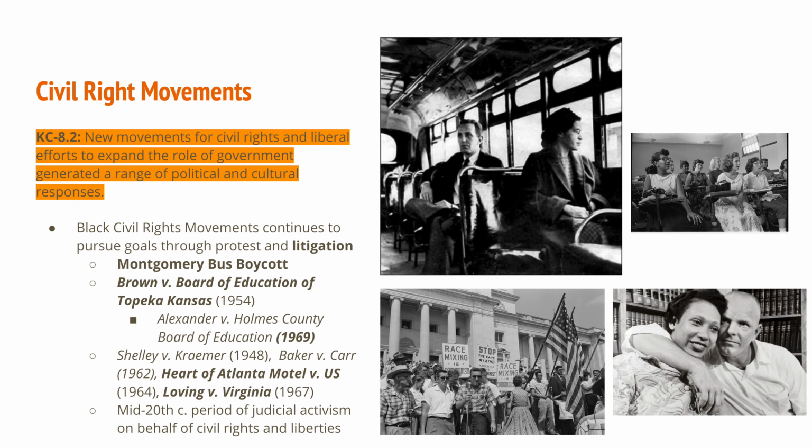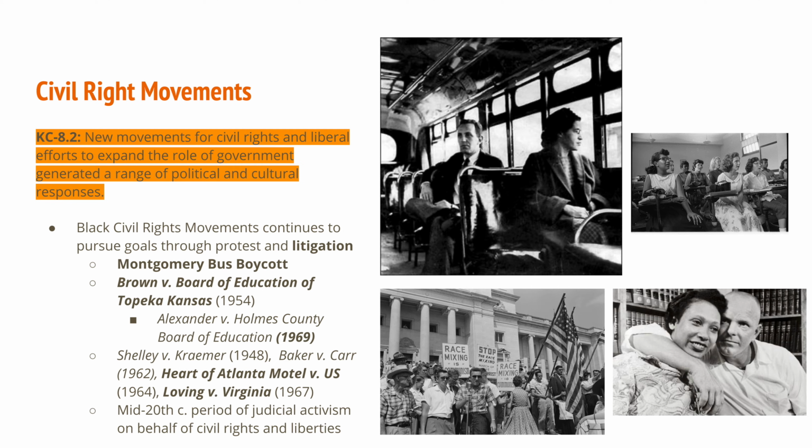And by 1969, in the court case Alexander versus Holmes County Board of Education, the Supreme Court looks at the numbers and sees that less than 20% of the school districts around the country had desegregated, and so they call for an immediate desegregation of school districts across the country. And just like that, there was a big change. So you see that there is a growth in the power of the federal government in dictating what must happen in people's everyday lives in order to uphold equality and to uphold civil rights.